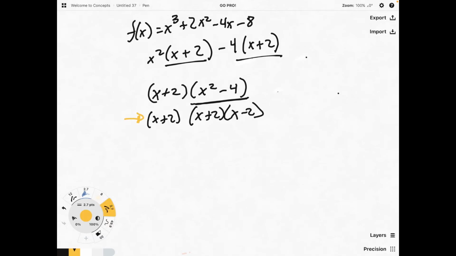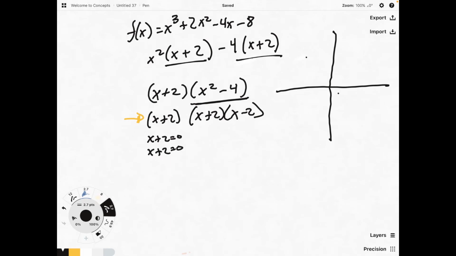Now that we have our factors, we're able to understand where they intercept on our graph. So if we set the x plus 2 equal to 0 and the x minus 2 equal to 0, we know x is equal to a -2, x is equal to a -2, and x is also equal to 2.